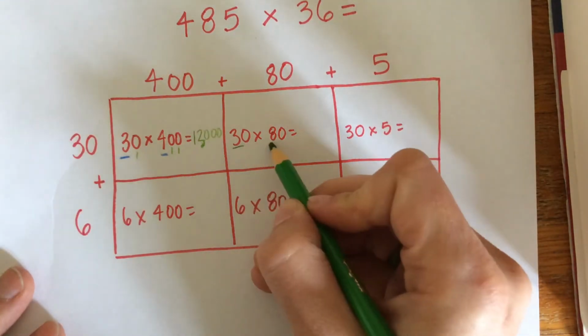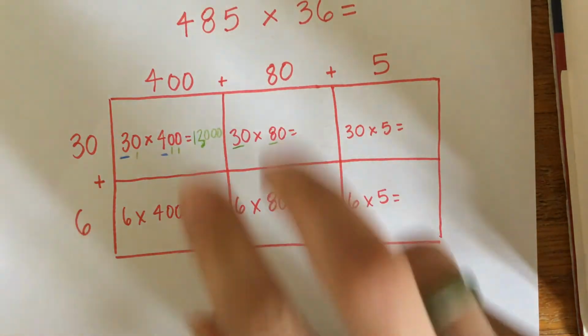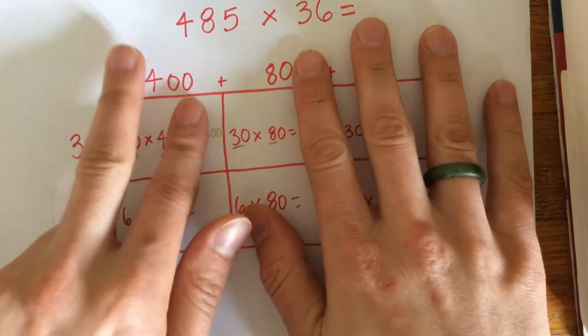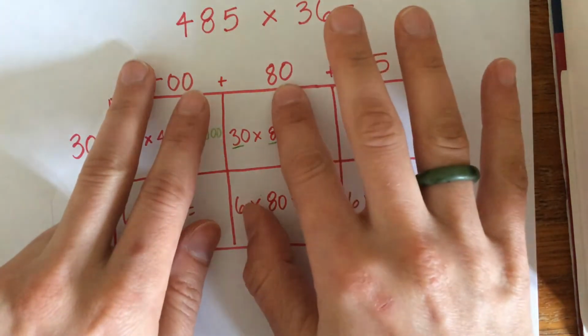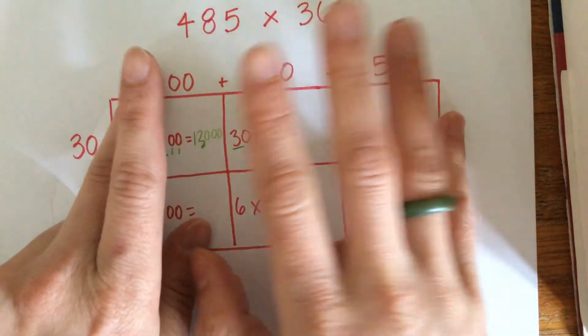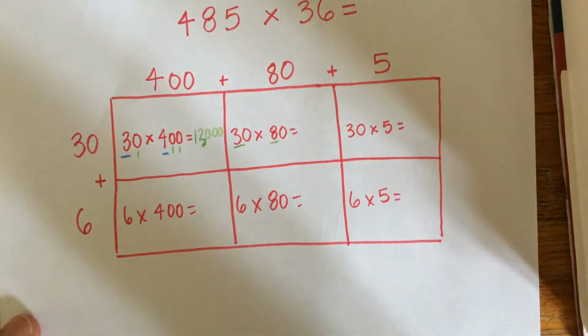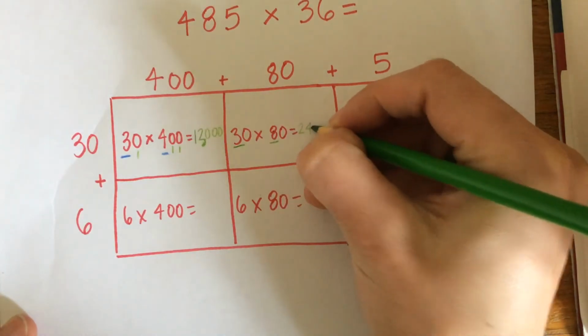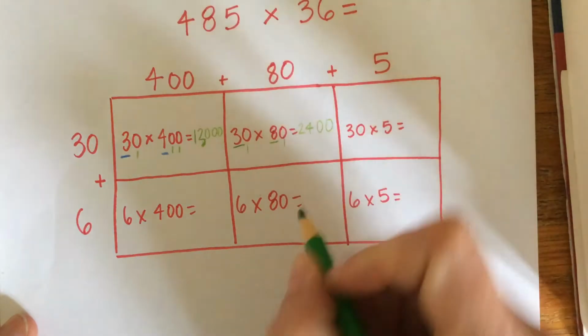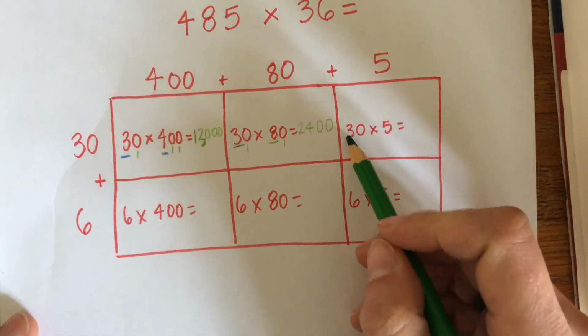Again, over here, 3 times 8. Sing the 3 song to the 8th finger. So 3, 6, 9, 12, 15, 18, 21, 24. Stop. 24. And then we count the zeros. 1, 2. Now we're going to sing the 3 song.